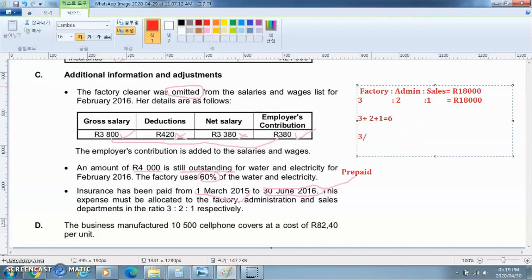And then you divide the portion for factory by the total of the portions, right? And then you multiply by the 18,000 rands. Okay, let's do that. Multiply by 18,000 rands. You get it. And your final answer here should be 9,000 rands.